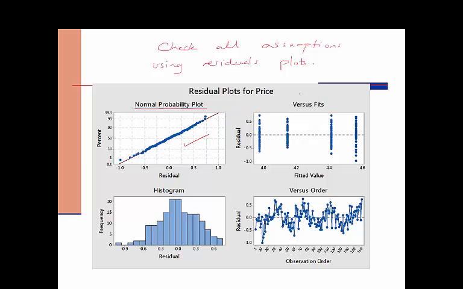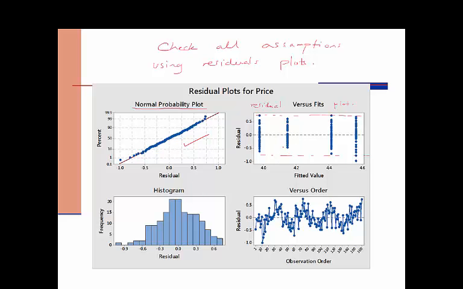Then we have to check for constant variance, right, or equal variance. We do that using the residual versus fits plot. Okay, so this is called the residual versus fits plot. And you see that the middle line is 0, and that the data looks somewhat uniform, right, with the spreads.